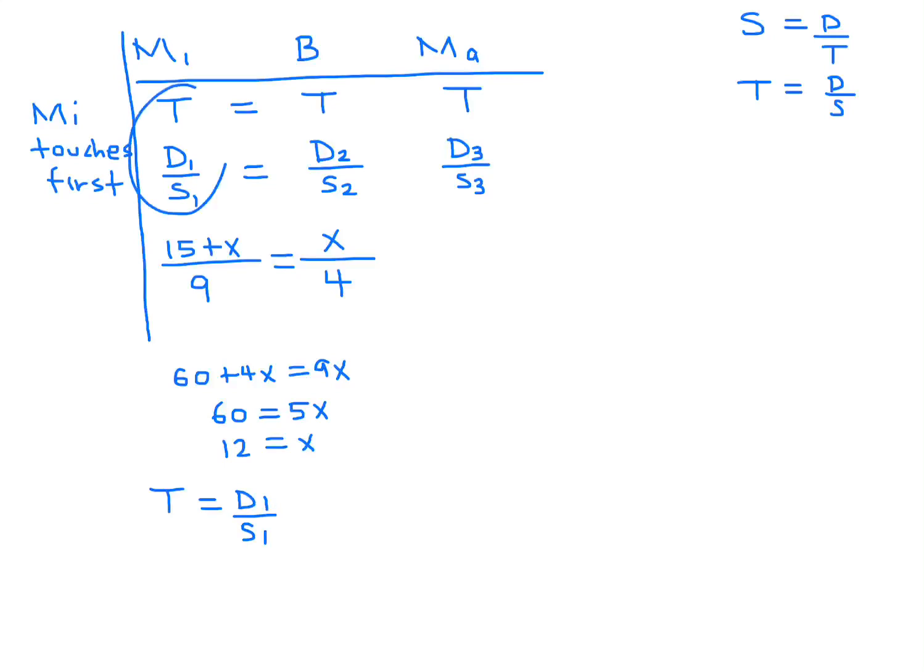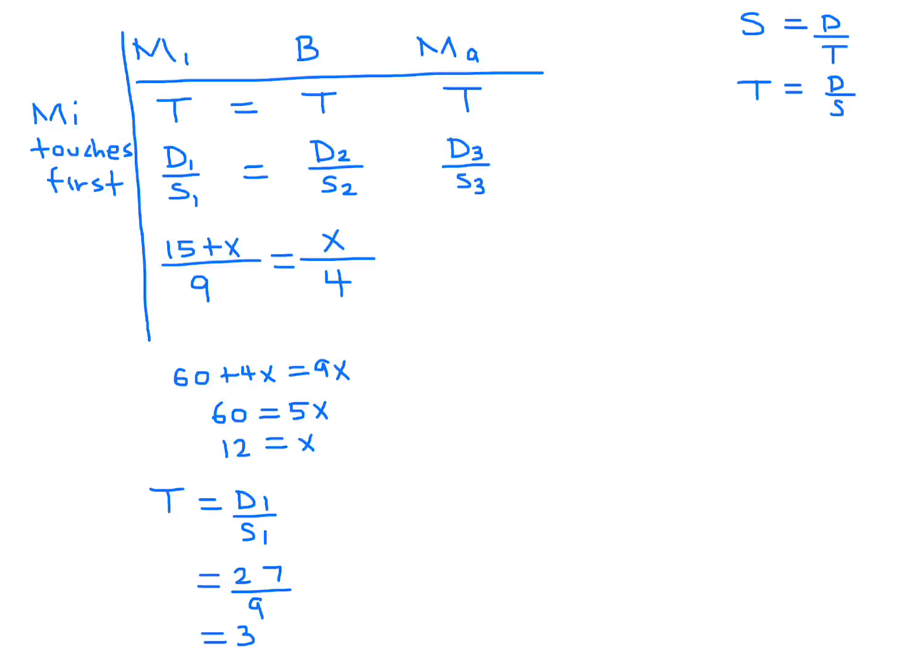It's right from up here. And d1, we know x is 12, so d1 is 15 plus 12, which is 27. And the speed for Michael is 9. So that's 3 seconds. So that means in 3 seconds, Michael was able to get to the ball.